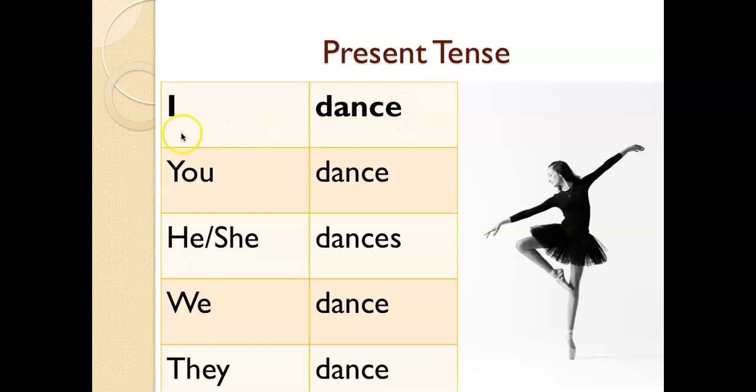So, can you tell me which pronoun over here is different from the others? So if you said he or she is different, you are correct, okay? Because it's the only one that has S. If you look at the others, no S here, no S over here, only he or she has S, okay?